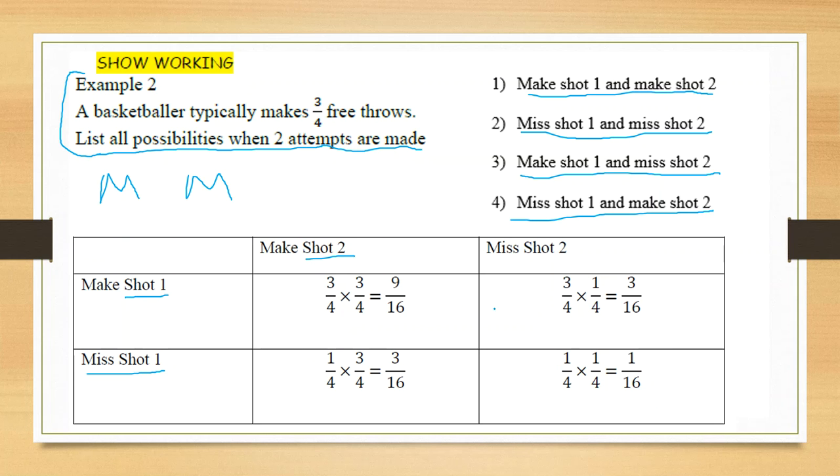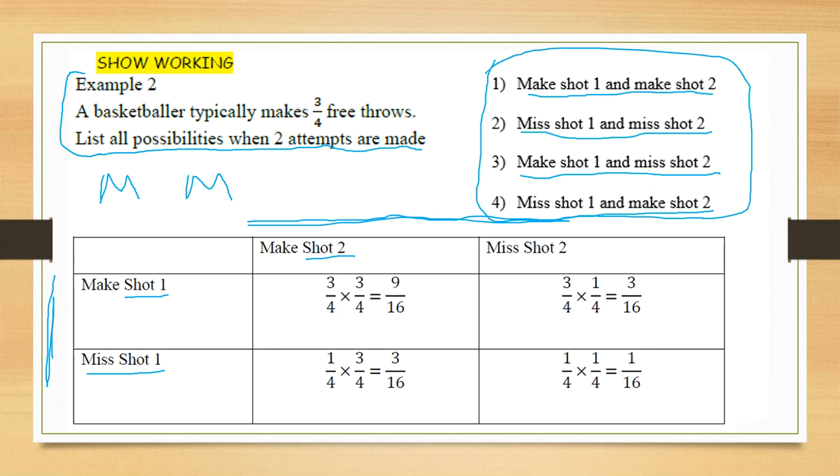And the other two options are make and miss, 3/4 times 1/4, 3 in 16, and 1/4 times 3/4, which is 3 in 16. Putting the information in this kind of table helps us to ensure that we get all of the options. If you do this kind of system, you might miss an option. So it's good to have a table.